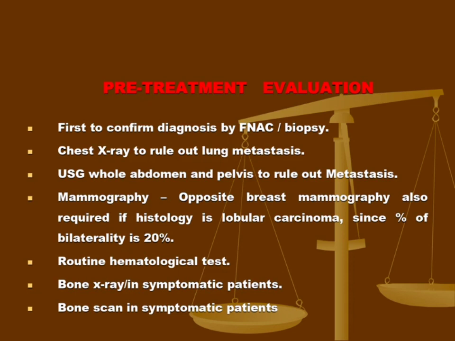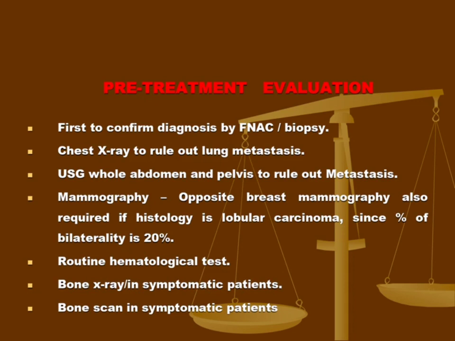So let us go towards the pre-treatment evaluation. First, we confirm the diagnosis by FNAC biopsy, a chest X-ray to rule out lung metastasis, and ultrasound abdomen and pelvis to rule out metastasis. Mammography is basically not used in a diagnosed case. It's for screening purposes.